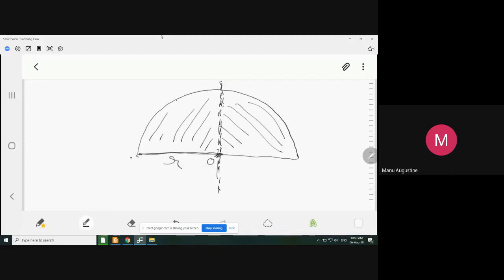Then the location of the centroid will be at a height of 4r upon 3 pi from the base. This quantity you have to remember. 4r upon 3 pi, 4r upon 3 pi, memorize it, literally.